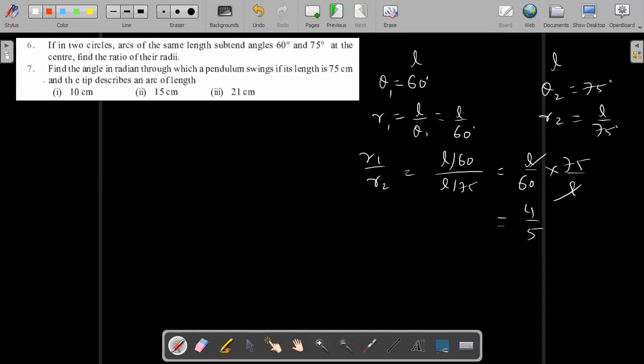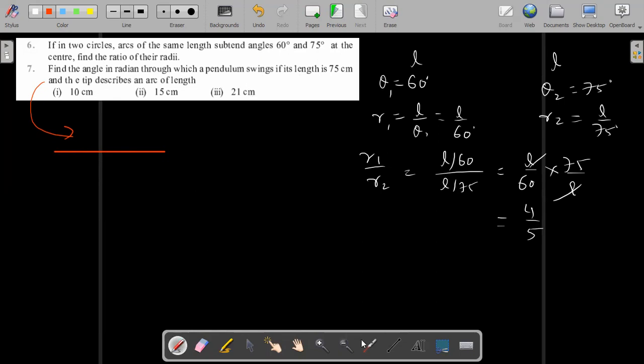Similarly, here we have been given three questions. One is to find the angle in radians when a pendulum swings. Pendulum, you know that pendulum. Suppose this is a rigid support, and the pendulum swings and describes an arc.